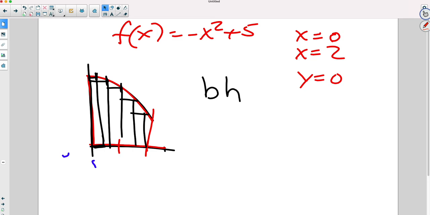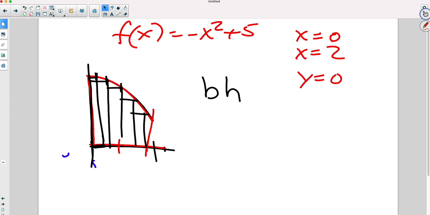So we have a distance of 2, and we're going to break that 2 up into 5 groups. So how long would each box be? We're breaking a distance of 2 up 5 times.